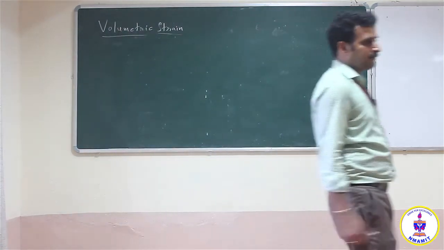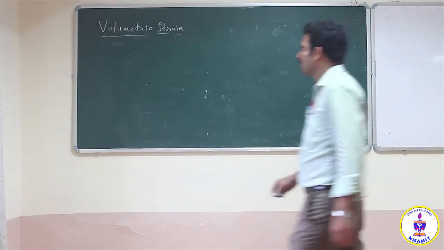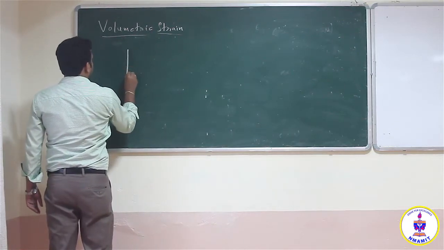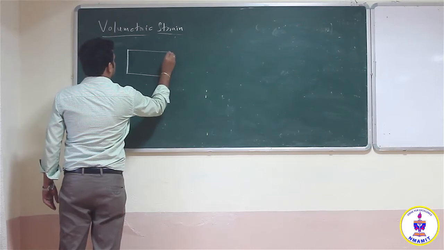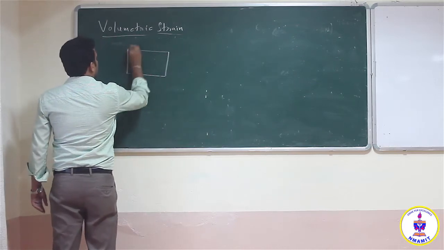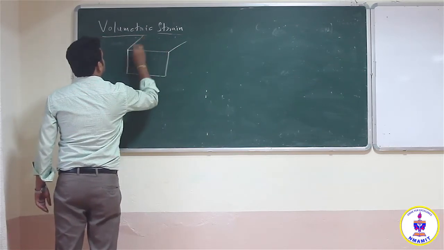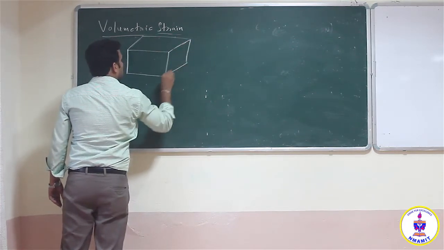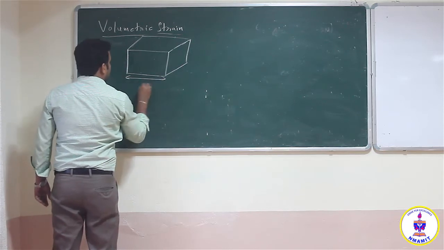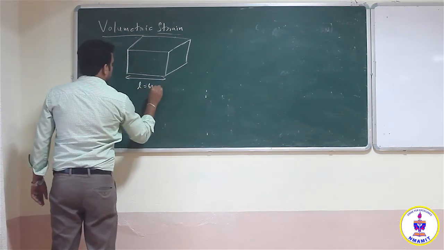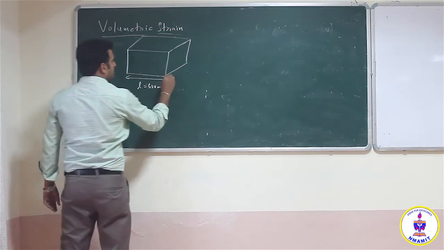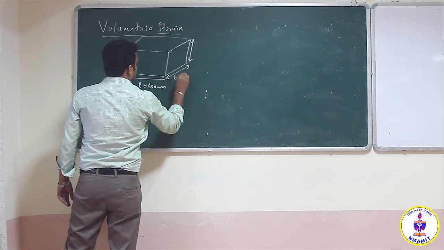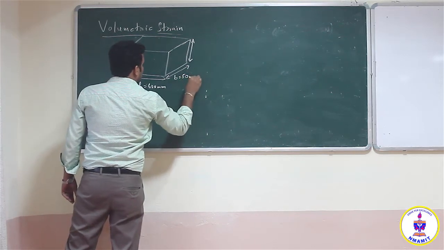It is given 600 mm long bar. Length is 600 millimeter. Width and depth are same, 50 millimeter.